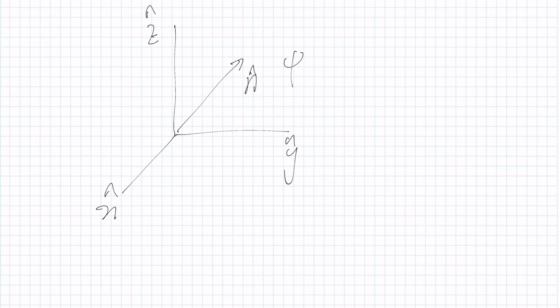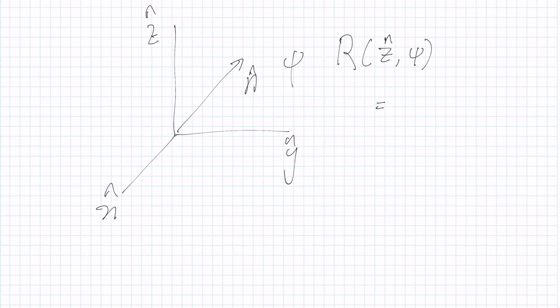Before doing that, we can write down a rotation about the z axis with an angle psi. So let us write down that as R, rotation about z cap with an angle psi.